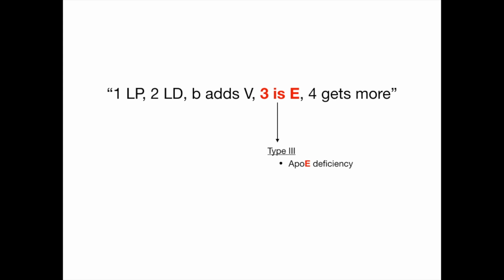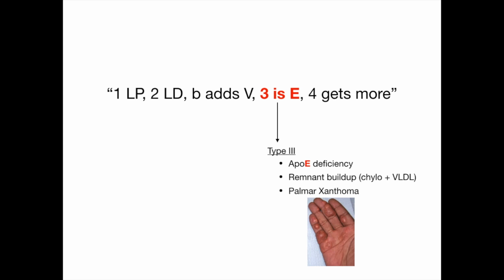So if you don't have ApoE, then you can't take up the remnants, which means things that turn into remnants won't be taken up, which means they're going to accumulate. So what turns into remnants? Chylomicrons and VLDL. So with an ApoE deficiency in type 3, because 3 is E, you have an increase of chylomicrons and VLDL because you can't take them up as remnants, so they just build up.